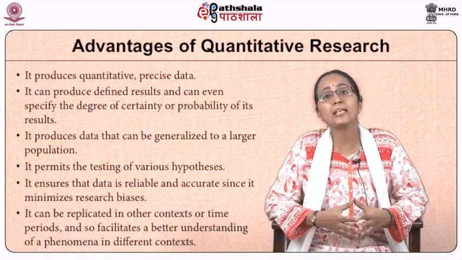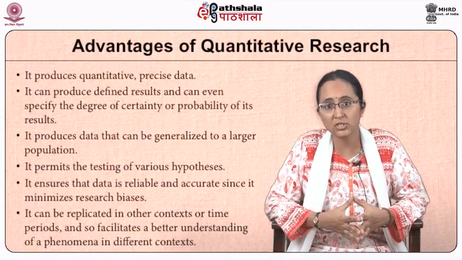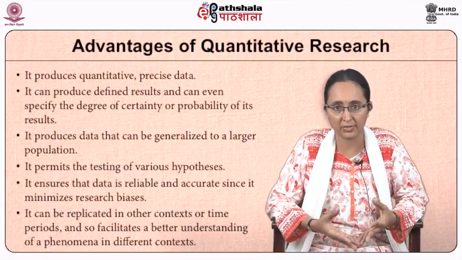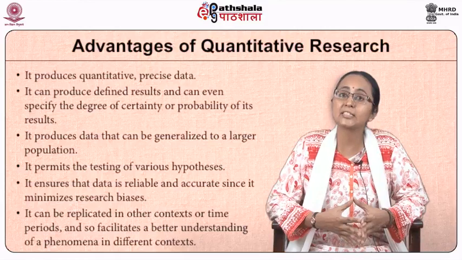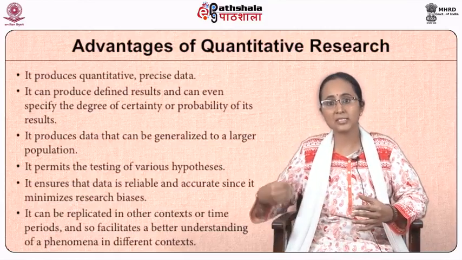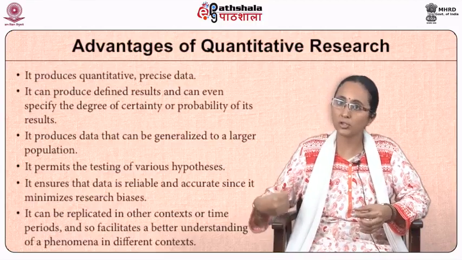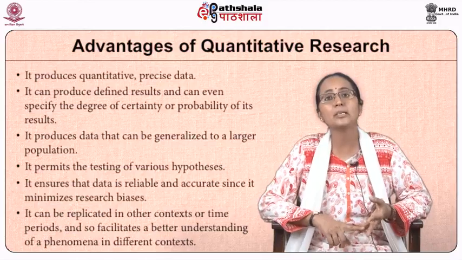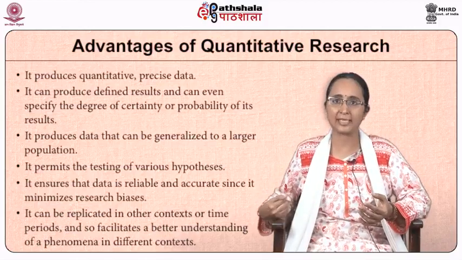It can be generalized to a larger population. This is very useful when designing policy or program interventions. It permits testing of various hypotheses to verify whether this is true in a certain context or not. The data that you get is reliable and very accurate because there is very little researcher bias in this.